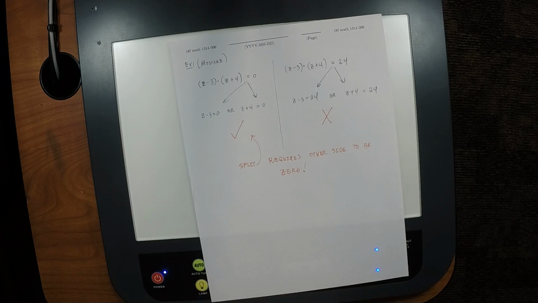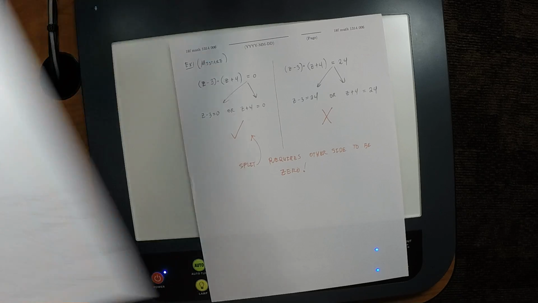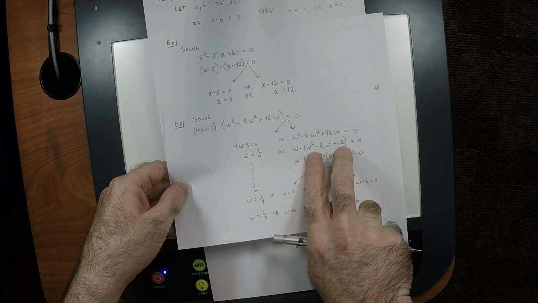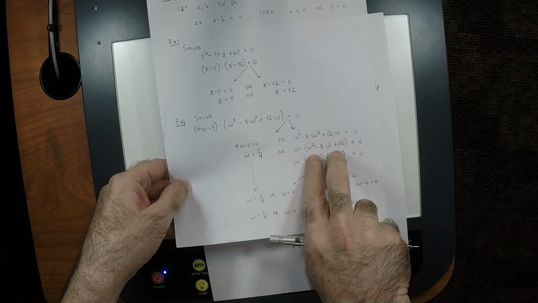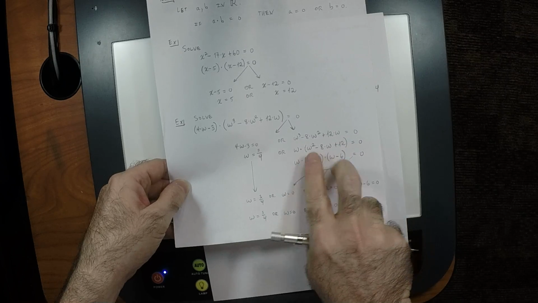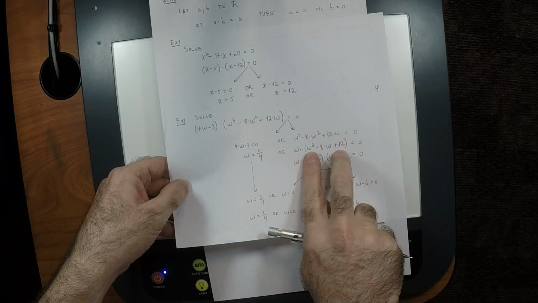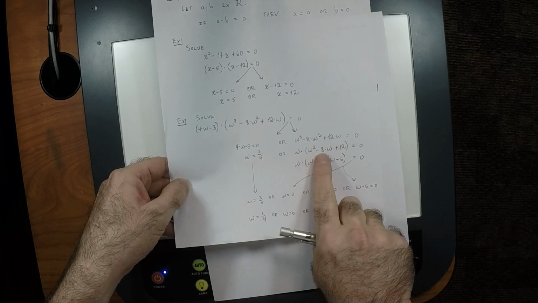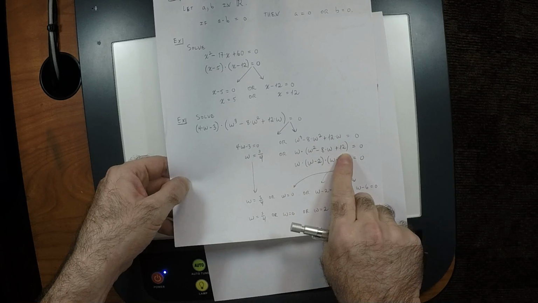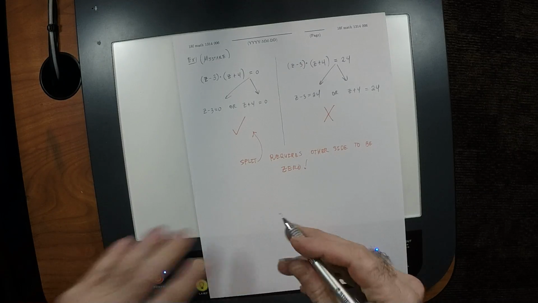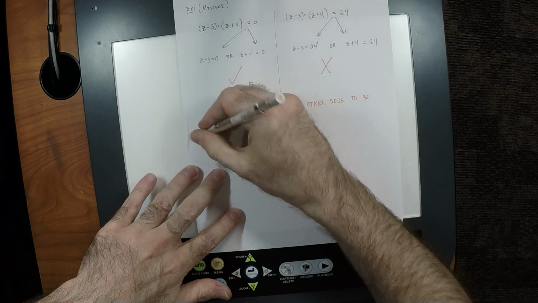So, on the previous page, we wanted to eventually factor that quadratic there, the w squared minus 8w plus 12. All right. So I have a question.